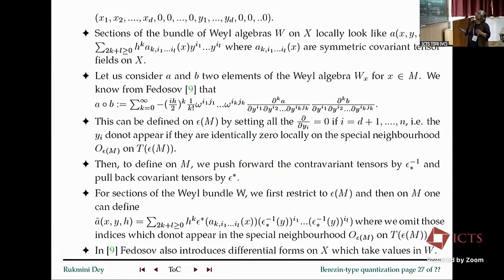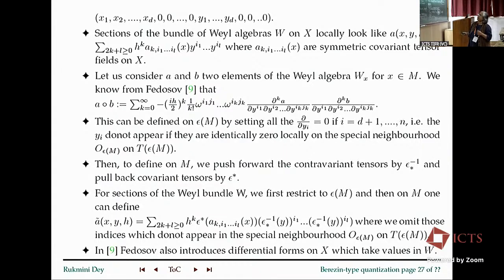Now there is this section of Weyl algebras on X which look like these. These are just functions, and then I have the y1 till yj. And let us consider two elements A, B of the Weyl algebra in the fiber.